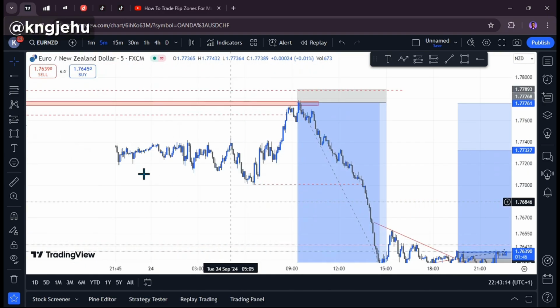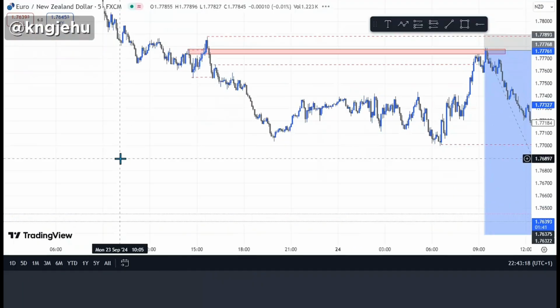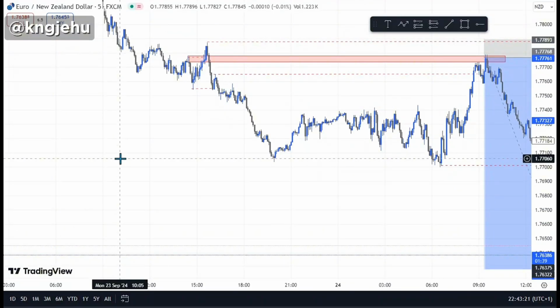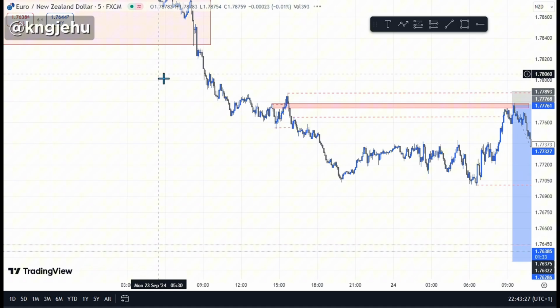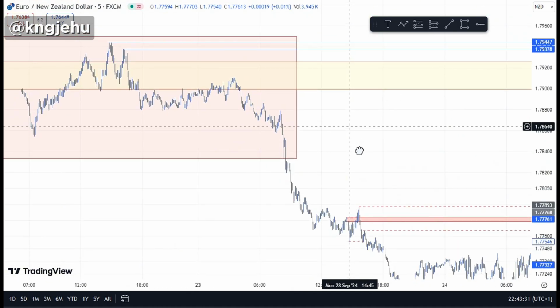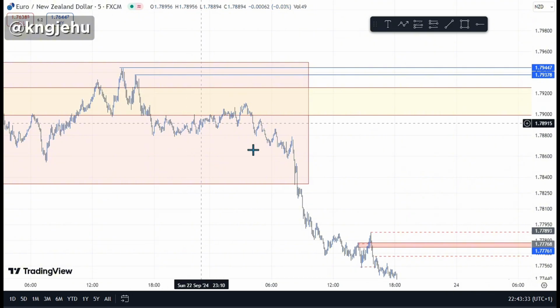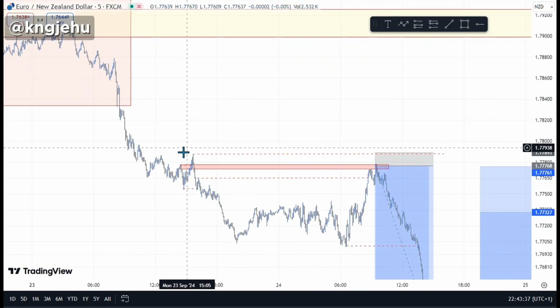So when we go back here, this is the 5-minute time frame on EURNZD, euro versus New Zealand dollar, and as you can see here, price has been falling, so we are in a bearish environment. Price is always falling, and then we are looking for a high that's going to be swept.